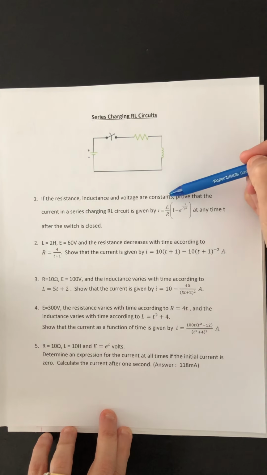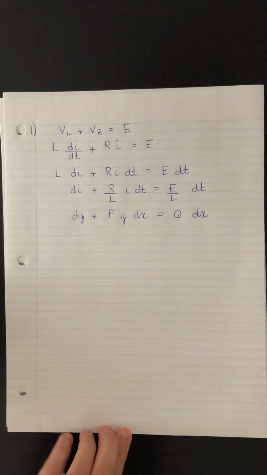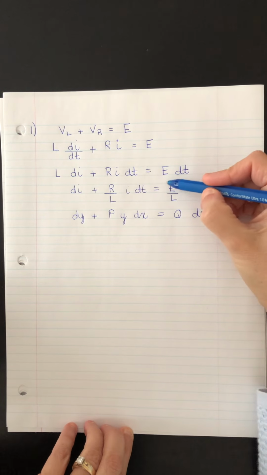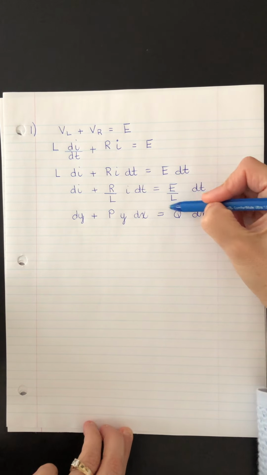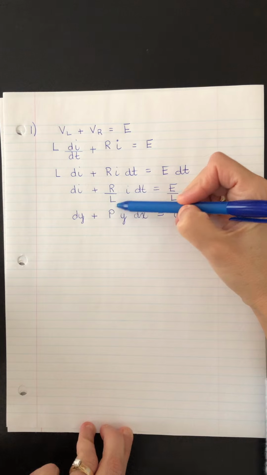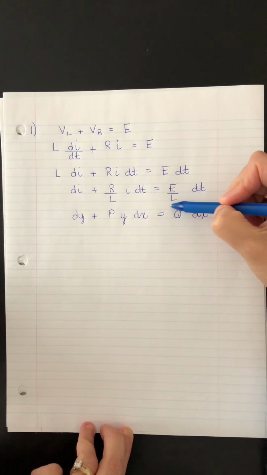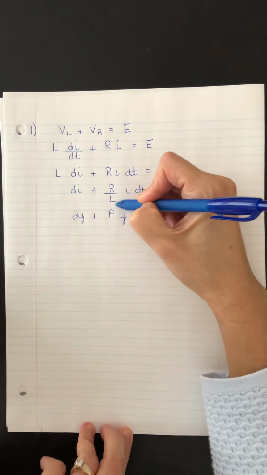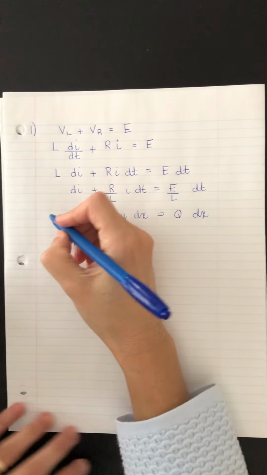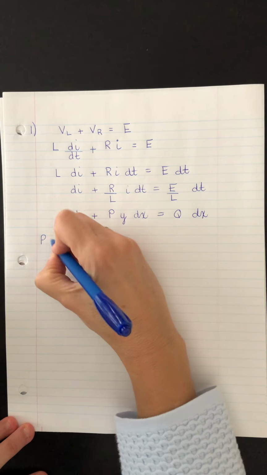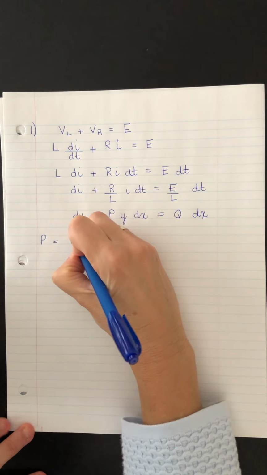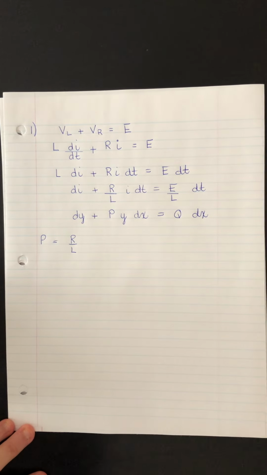Just numeric values. So this will also be just a number, and this will also be just a number, and this is our Q, and right here, this is our P. So we know that P is equal to the number R divided by L.